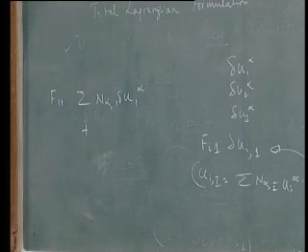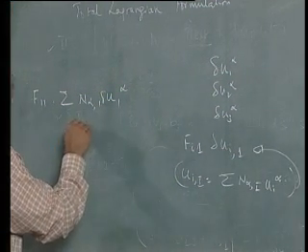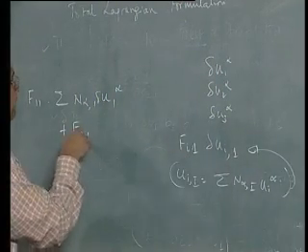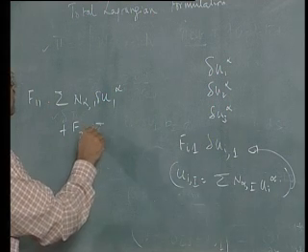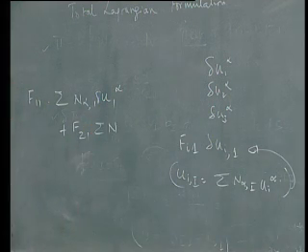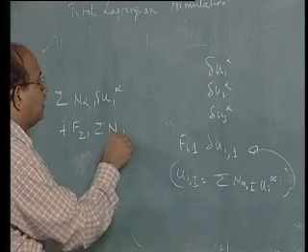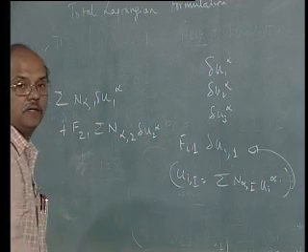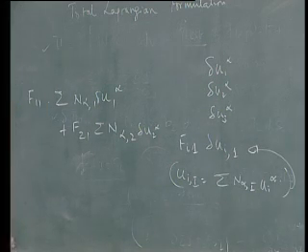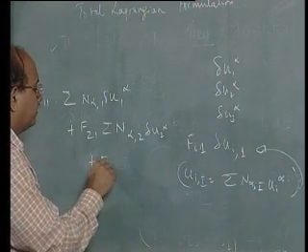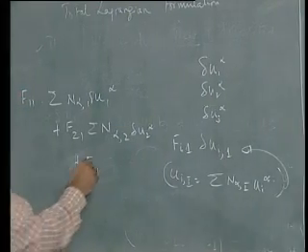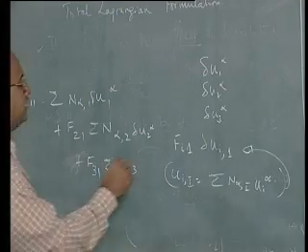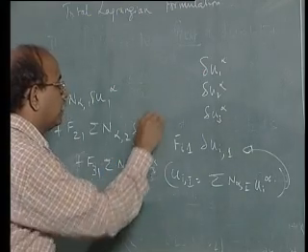Second term, plus F21 sigma N alpha comma 2 delta u2 alpha, right, plus F31 sigma N alpha comma 3 delta u3 alpha.